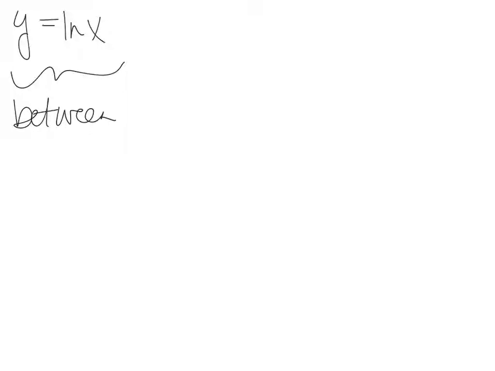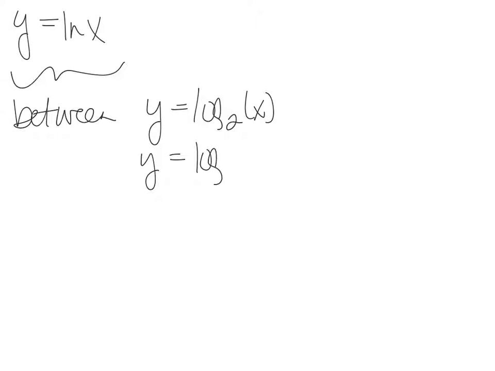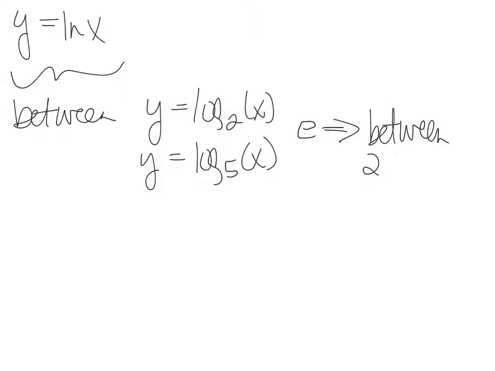Well, where would a natural log sit? Where would a natural log sit in this graph in relation to the graphs? We would say it's between the graphs of y equals log base 2 of x and y equals log base 5 of x, because e is between 2 and 5.